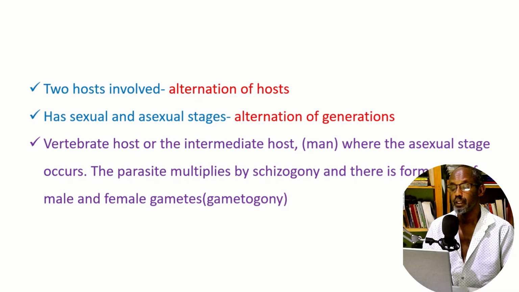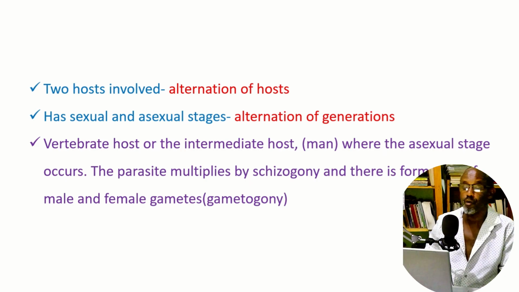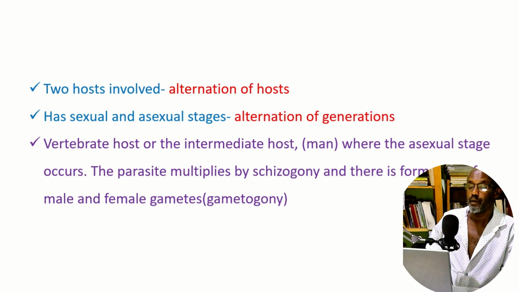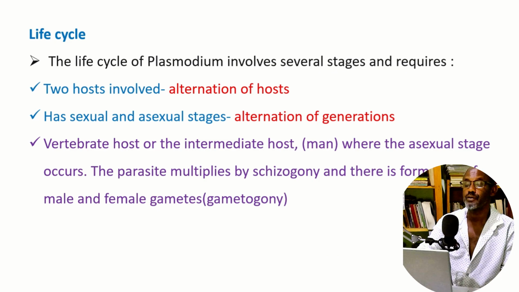Then the parasite multiplies by schizogony, and there is formation of male and female gametes inside our circulatory system finally, which is known as gametogony. The gametes fuse to produce again sporozoites in the female Anopheles mosquito. This is the life cycle, of course.